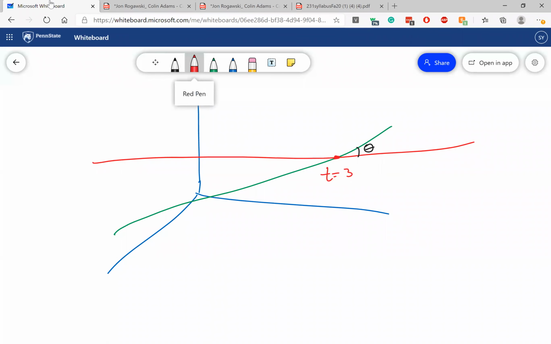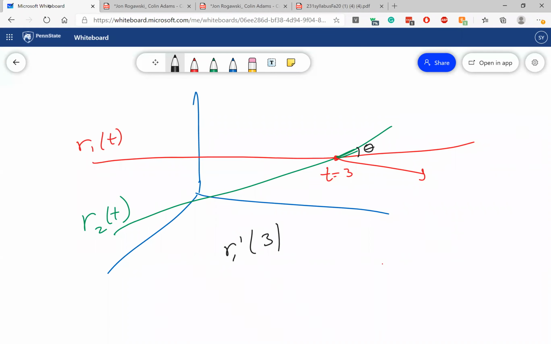Okay, so what you can do is you can find the tangent vector to this curve, and you can find the tangent vector to this curve at that point. So let's say this is r1 of t, and this over here is r2 of t. So you can find r1 prime of 3, and you can find r2 prime of 3.